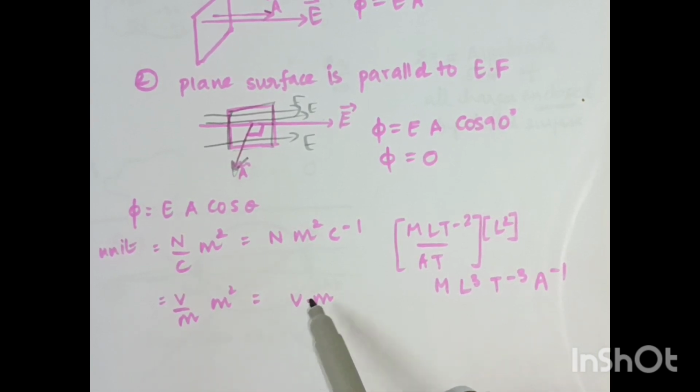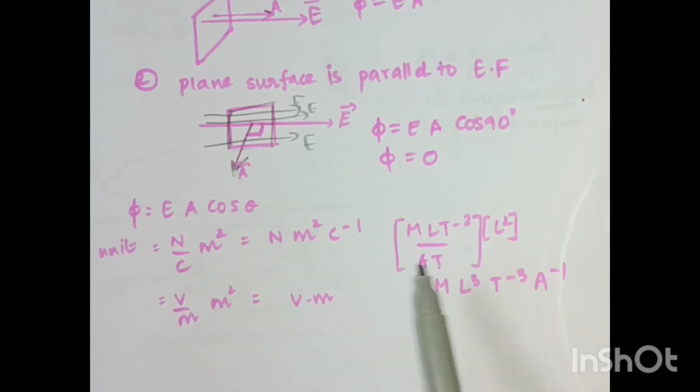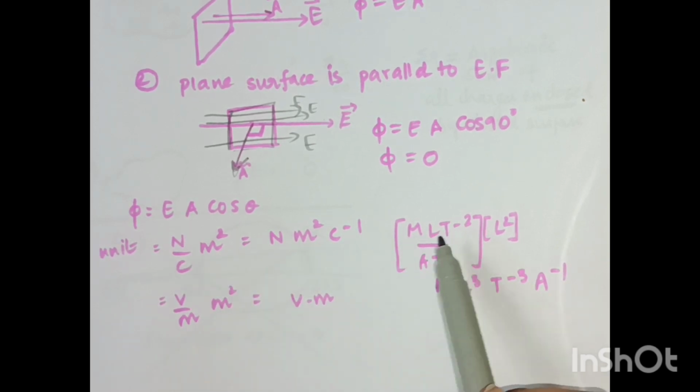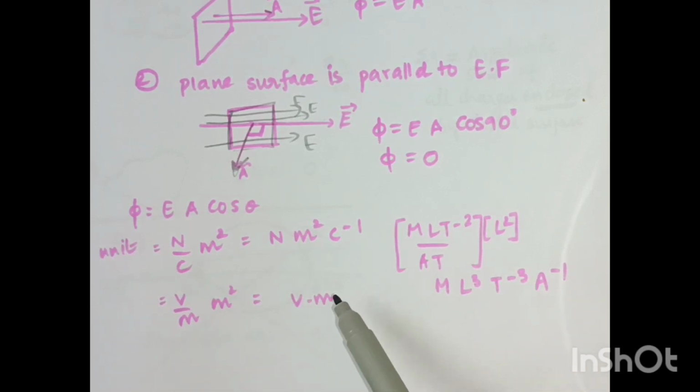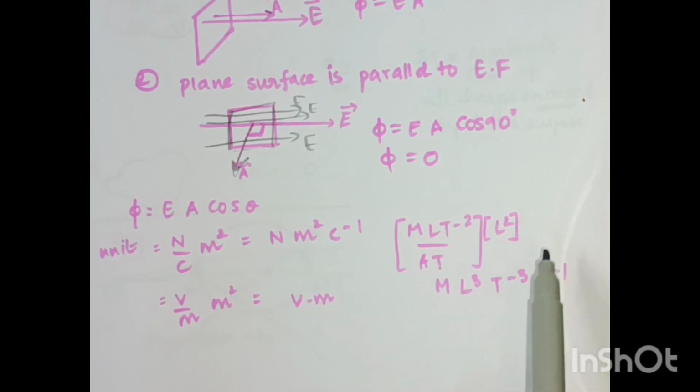So another unit is volt meter. Now the dimensional formula: for newton it is MLT power minus 2, for coulomb, that is charge, it is I into T, that is A into T, and for meter square it is L square. So it is ML cube T power minus 3 A power minus 1. This is the dimensional formula for electric flux.